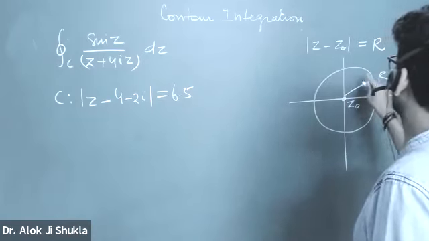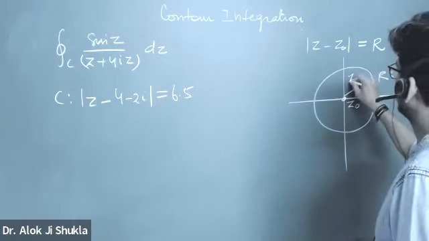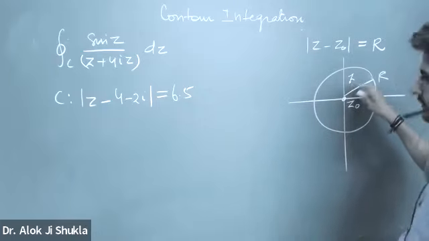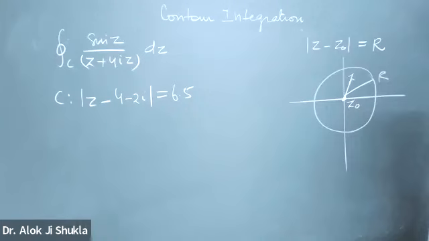Now if you take any point z inside this, this length should be less than the radius. And if this z is outside, this length will be greater than the radius. This is very simple to know whether your point is inside or outside.